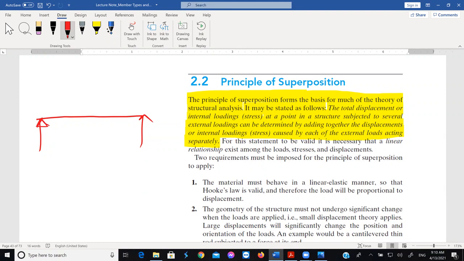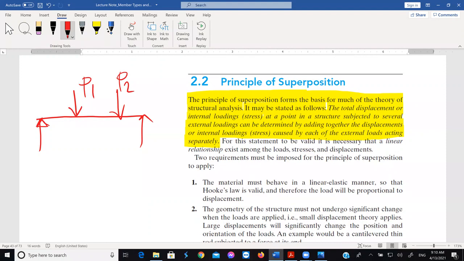So if we have two forces, for example, P1 and another force at this location, P2, then the principle of superposition says that the effect of external forces, the effect means the internal effects. What are the internal effects? The internal effects are axial force, shear force, bending moment, and torsional stresses.